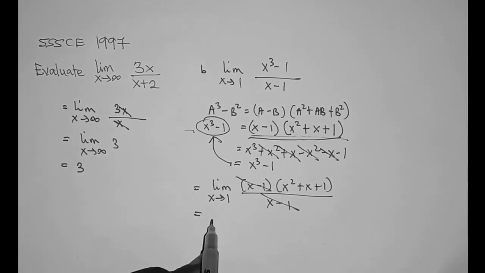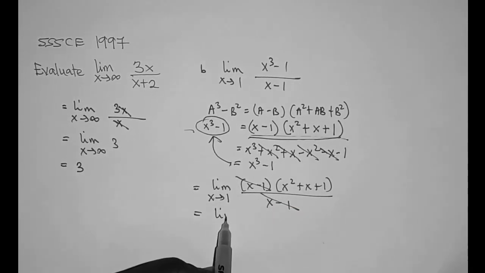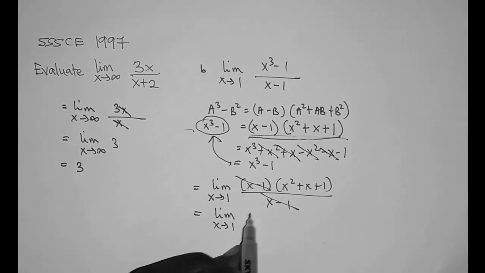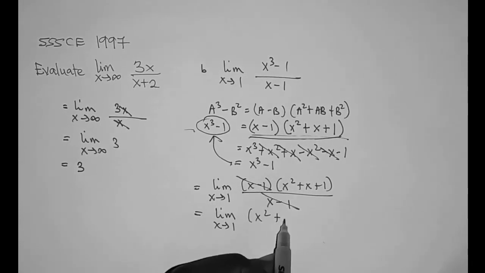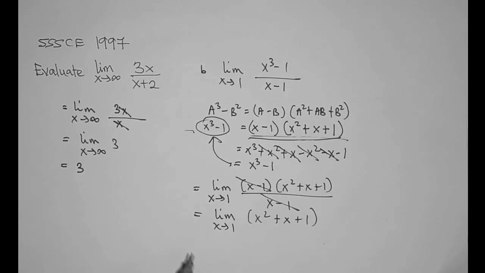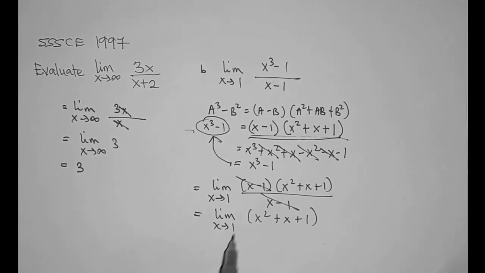So we are now left with the limit as x approaches 1 of x squared plus x plus 1. So we can do our substitution here. We take 1 and put it in the expression. We get 1 squared plus 1 plus 1. So 1 plus 1 plus 1 is 3.